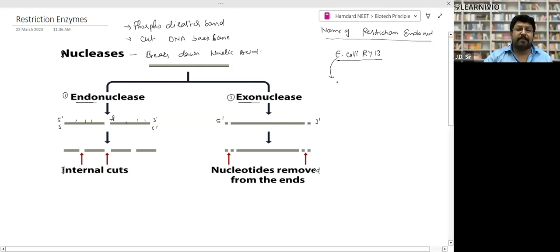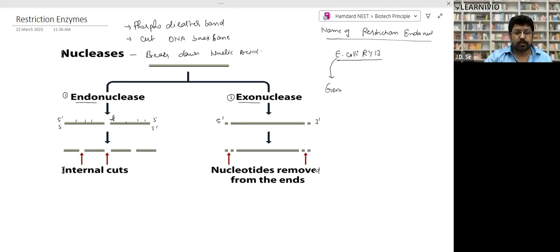What does this E represent? Escherichia, that is the genus. So in the name of a restriction enzyme, this is important. This is the question actually, that's why I want to tell you. This E represents the genus of the source. This coli represents the species. What does RY represent?